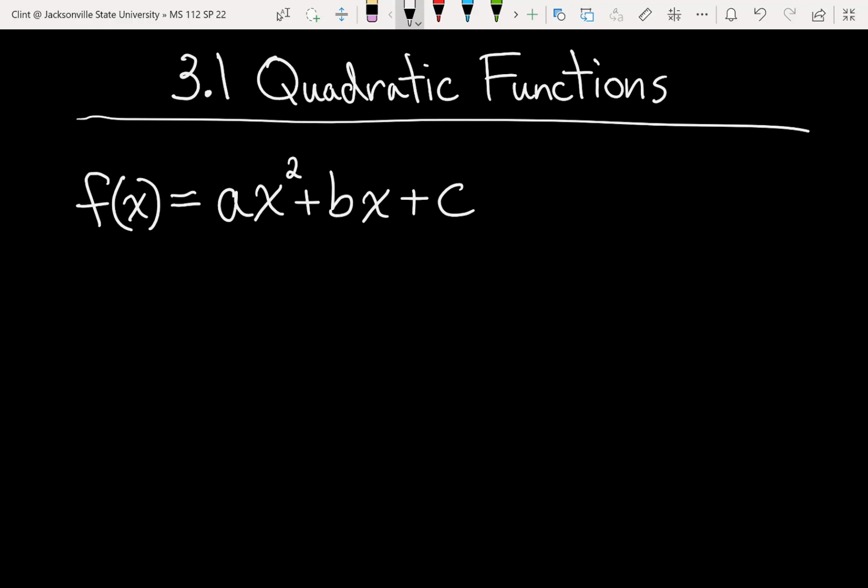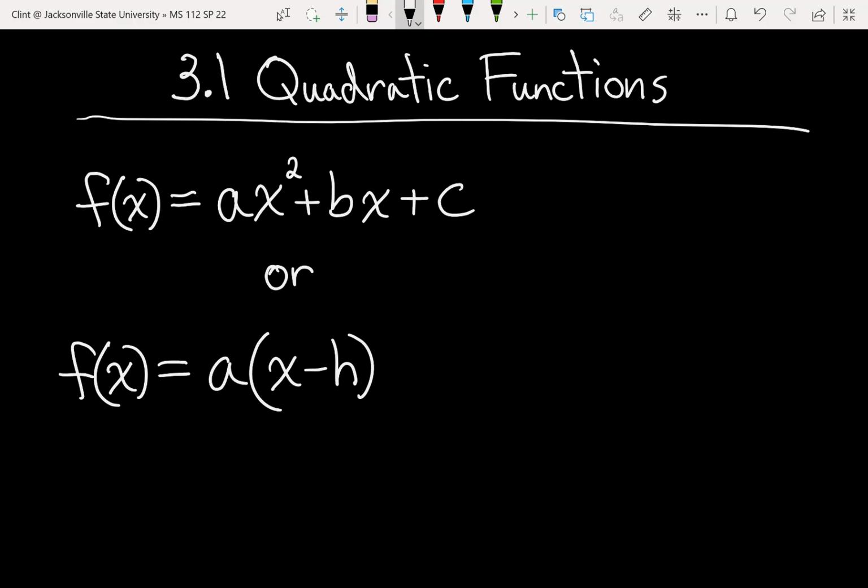And then another way you'll see these, sometimes you'll see them written like this: a times parenthesis x minus h parenthesis squared plus k.